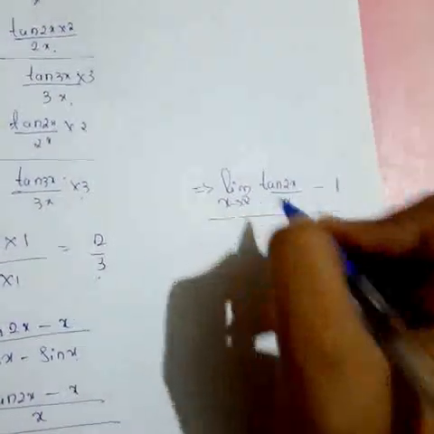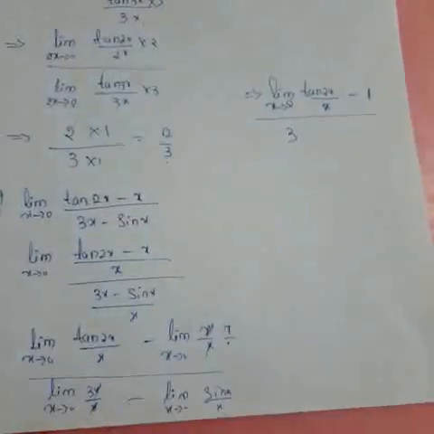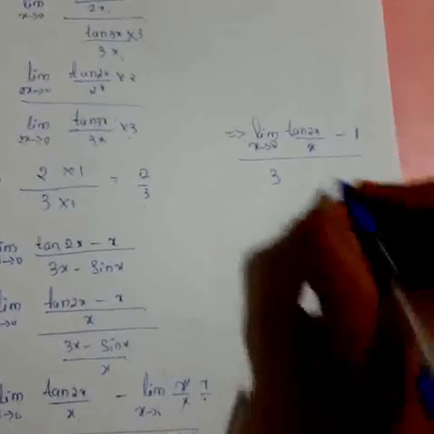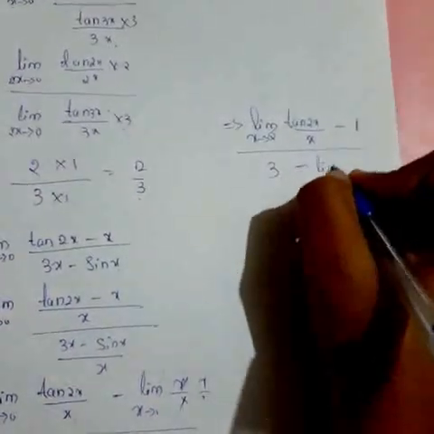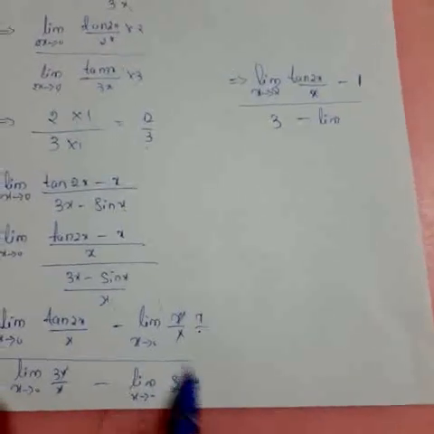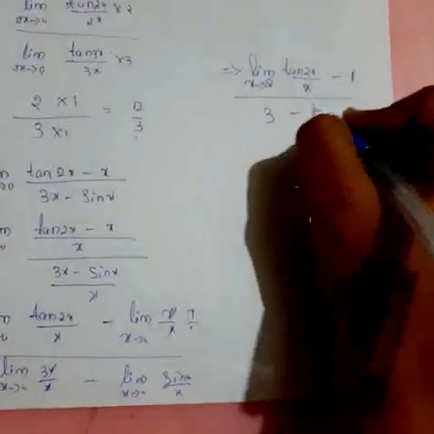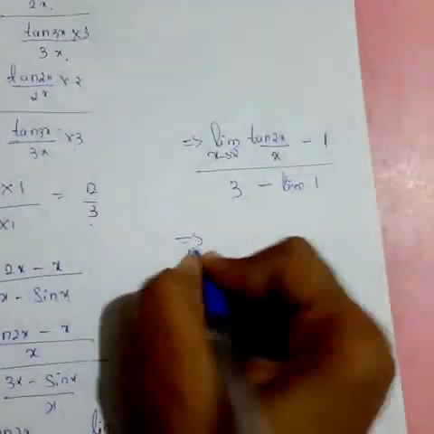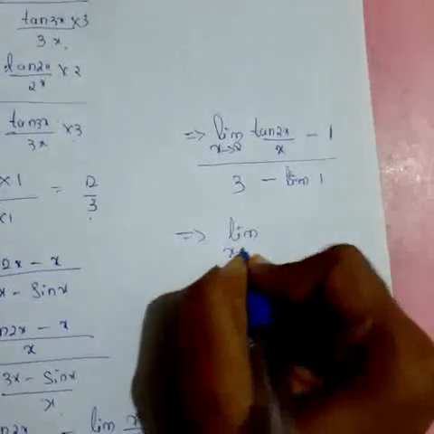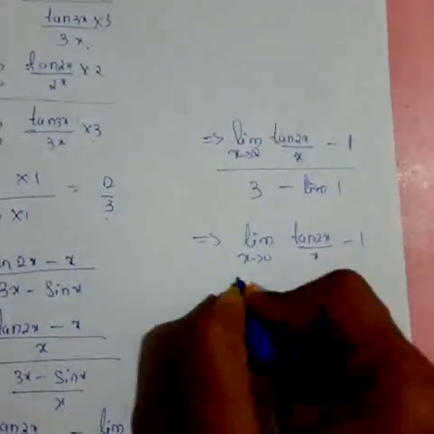Then this one is also 3, because here the constant term is there, minus limit x tends to 0, this is a standard term only, both terms are the same here, so directly I can write 1. Yes, then what happens here: limit x tends to 0, tan 2x divided by x, minus 1, 3 minus 1 is 2.